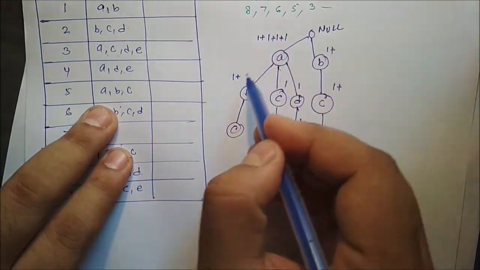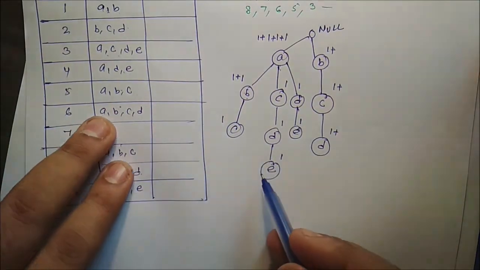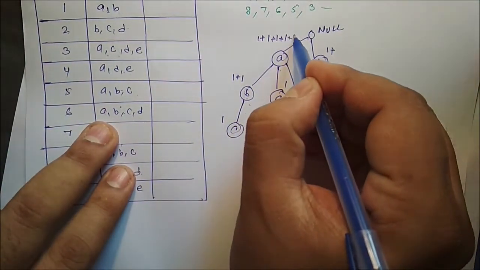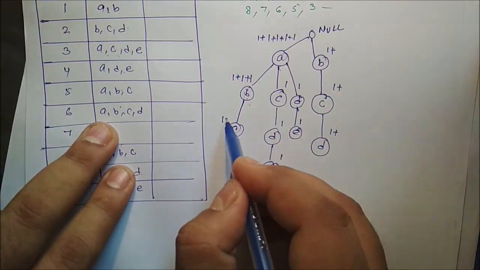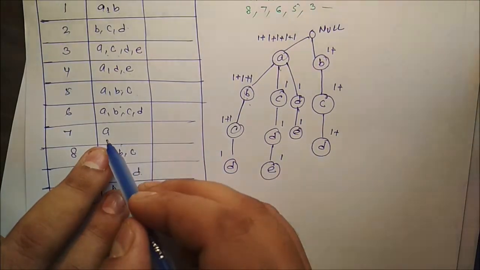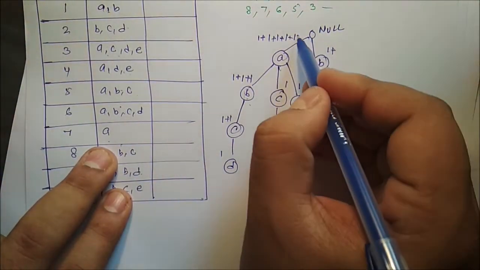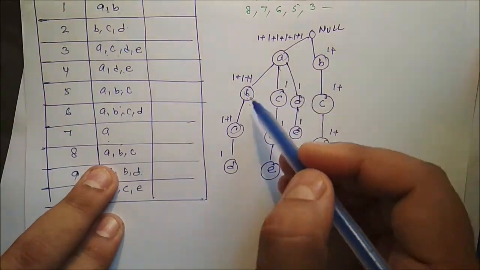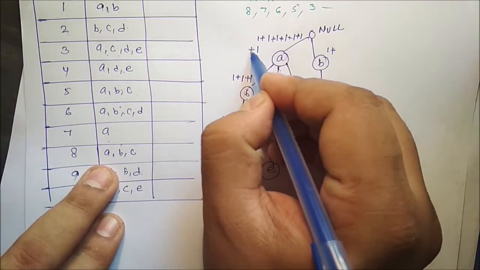That means plus 1, 1. Then ABCD, plus 1, plus 1, and D. Then only A, so plus 1. Then ABC, 1.